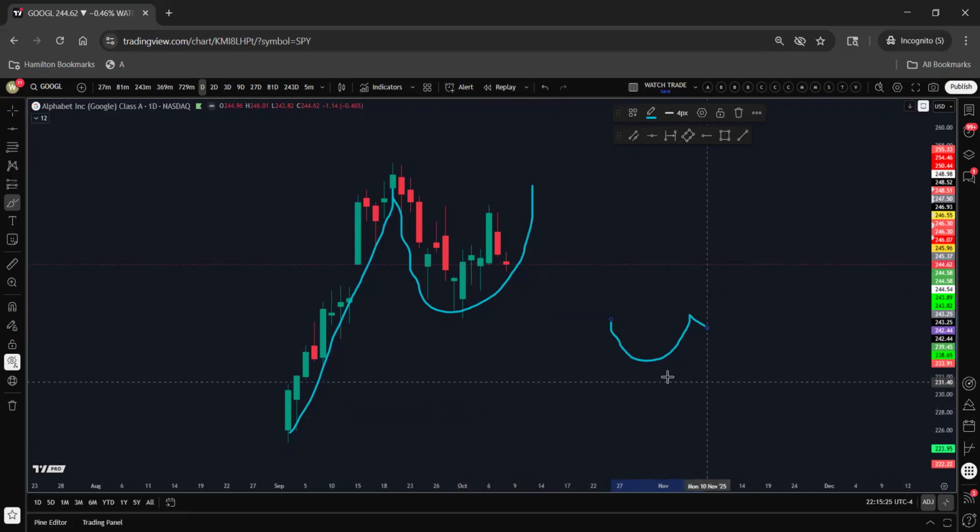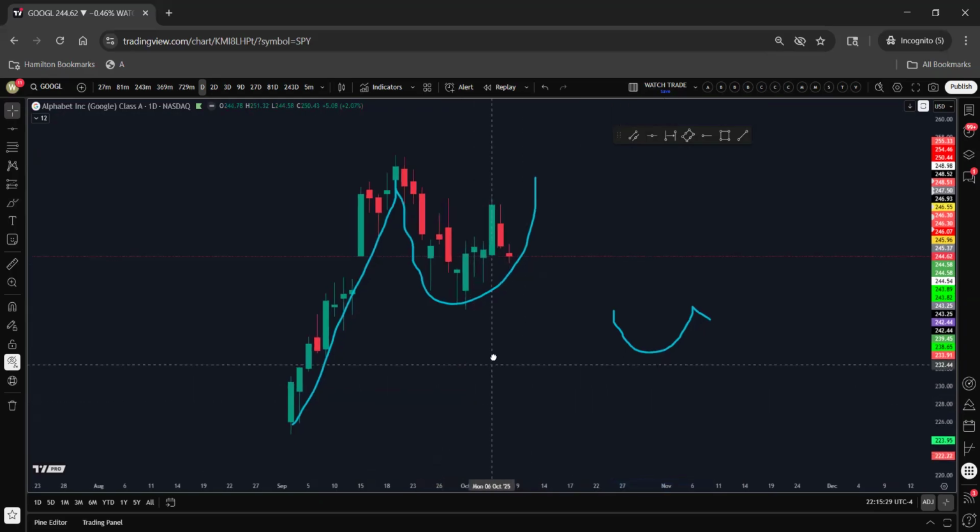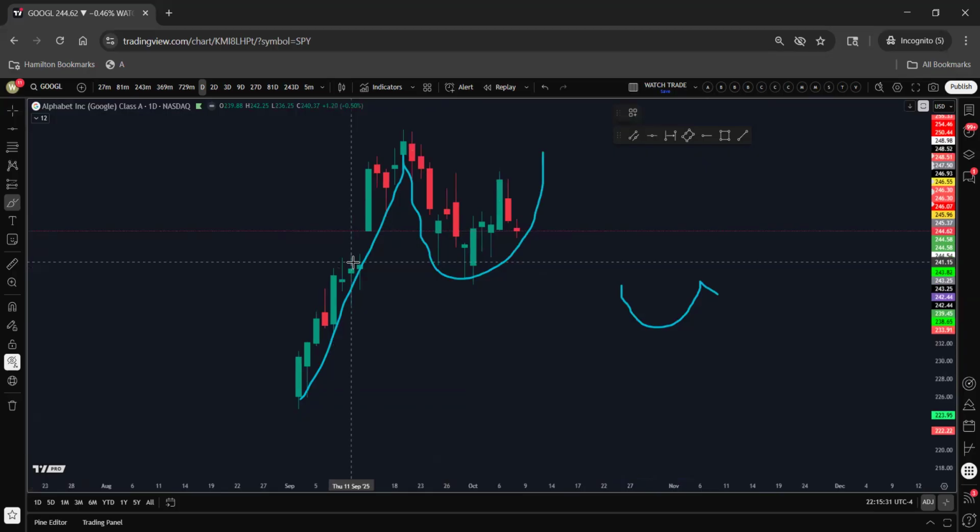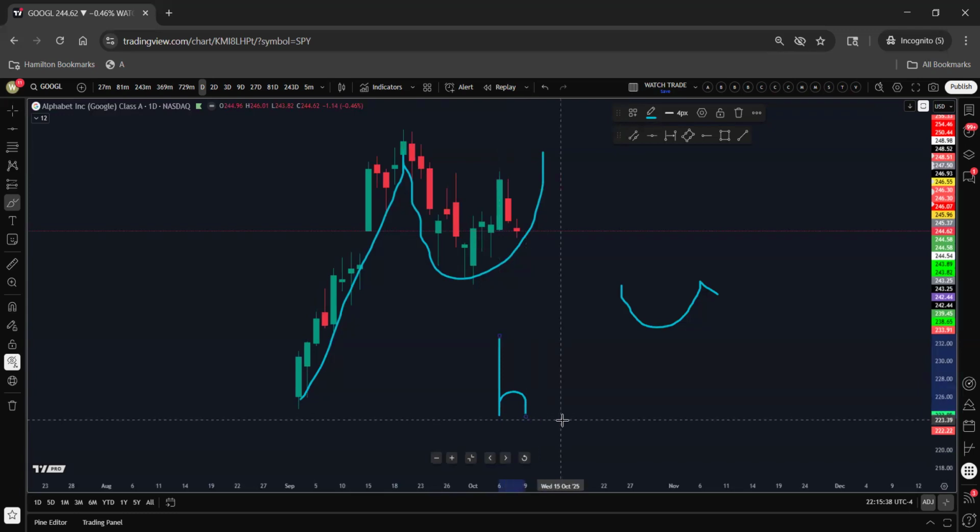What this really is, is an inverse. This is the lowercase h pattern, and this is the inverse. This is the inverse H pattern. It's not perfect, but it's an inverse H forming.